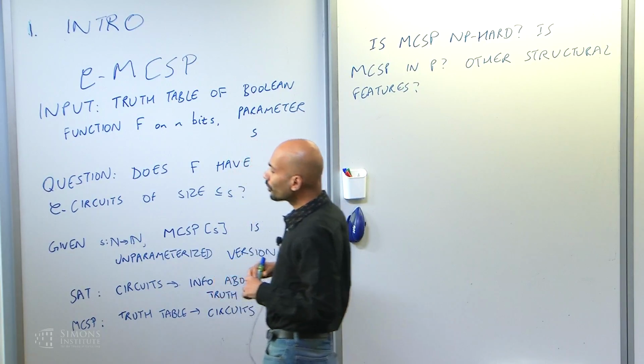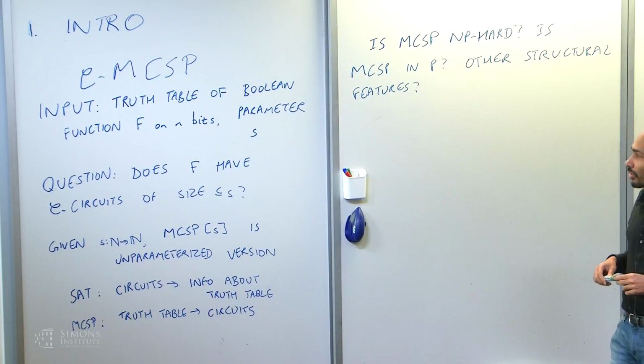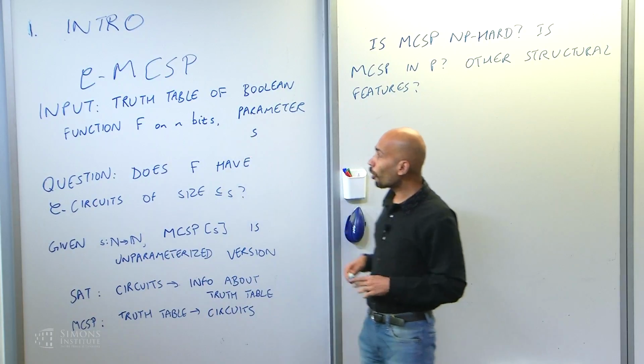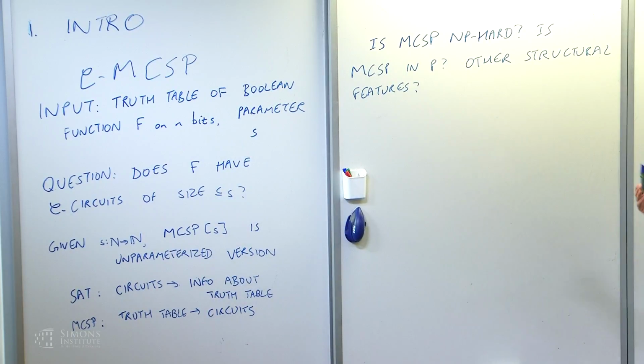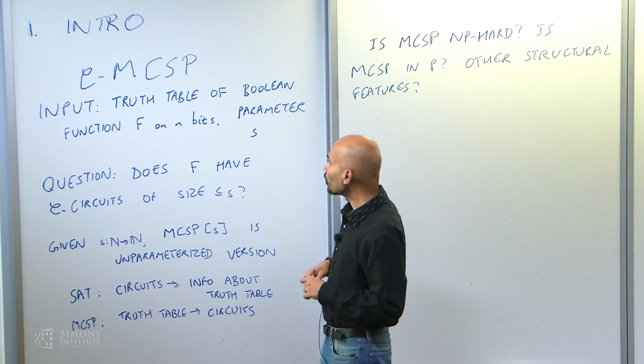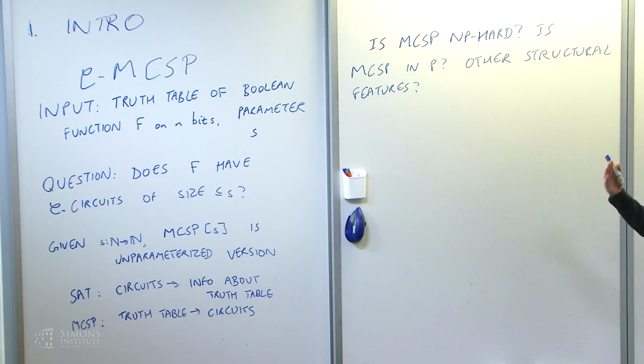We could also ask, for example, the average case complexity version. We might not need to solve this problem on all inputs. We might be happy solving it on most inputs in some sense. This will come up later in the talk, and it'll be an important part of the connections to other areas of complexity theory. We could also not give F explicitly. This is giving you a lot of information, the entire truth table of F, and asking whether it has small circuits.